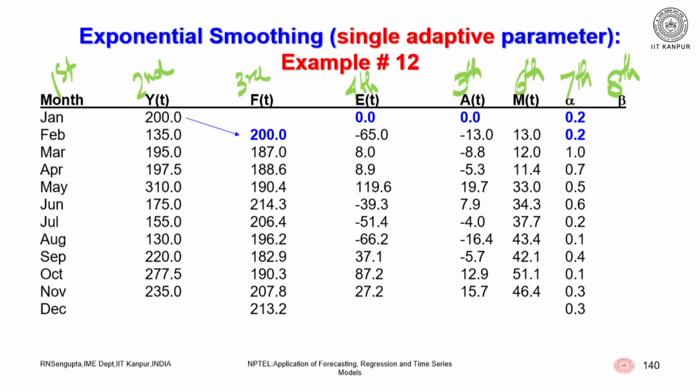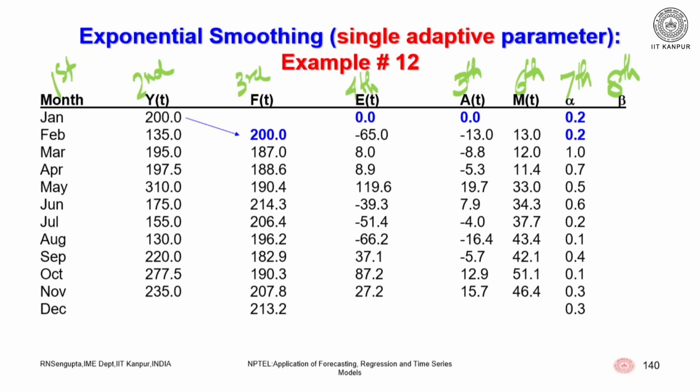Now, remember one thing, beta would be fixed accordingly to the fact that it is between 0 and 1. That is point 1. Point number 2 is that for the starting values, I have marked some of these numeric values as blue, because those are the starting values based on which we will start solving the problem. We consider the first time period error for January to be 0, that means YT and FT are exactly the same, hence ET is 0.